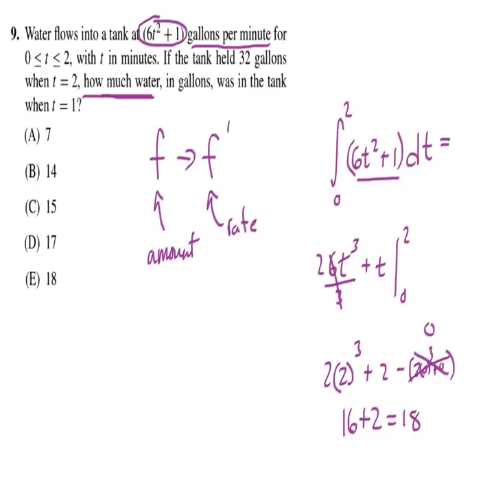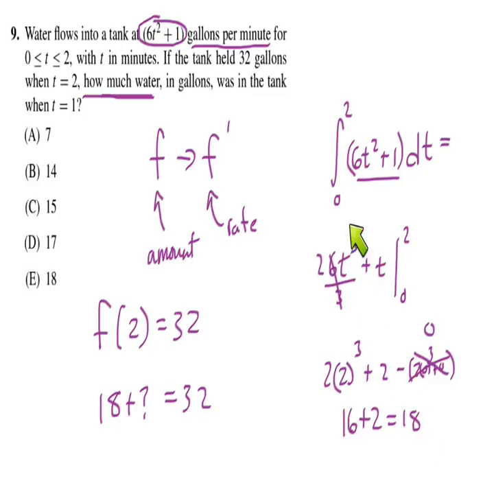This means that when we're at 0, we're not starting off with 0 gallons. We're at 0 in our minutes. We're not starting with 0 gallons. We're starting with something that adds to 18 to give us 32. So if f of 2 equals 32, then what are we adding to 18 to get 32?